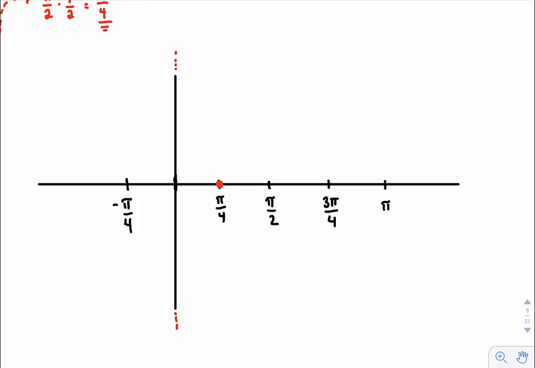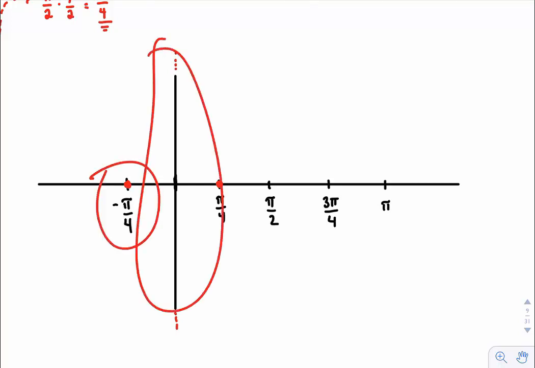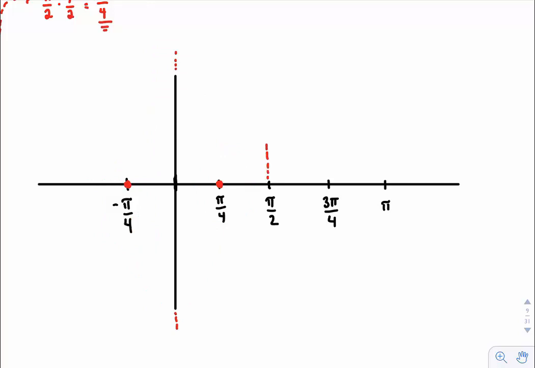We have that repeating pattern. And if I went to negative pi over 4, that would be a 0. So again, look at the pattern. We have 0, asymptote, 0. So next up, I have an asymptote, 0, and asymptote.